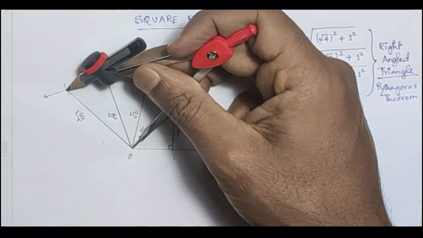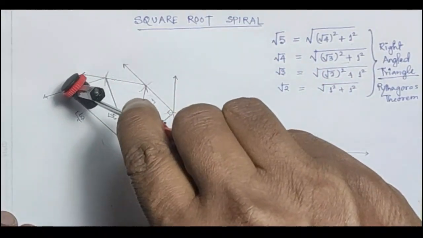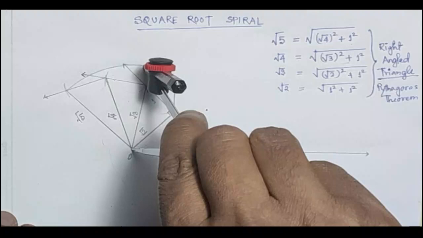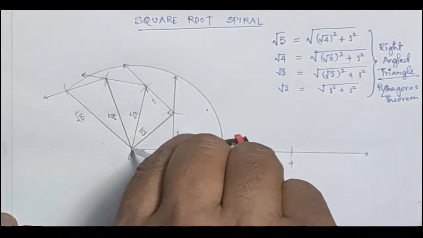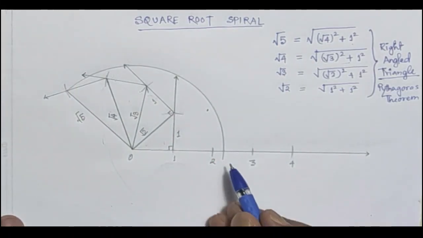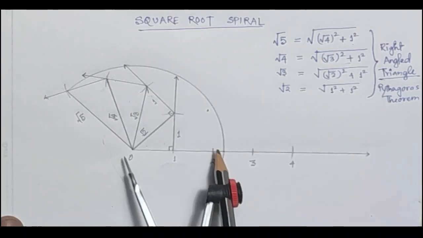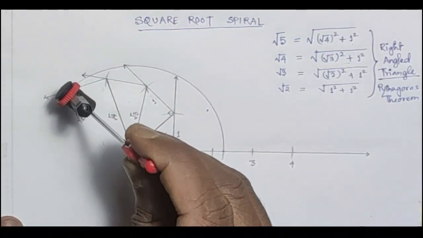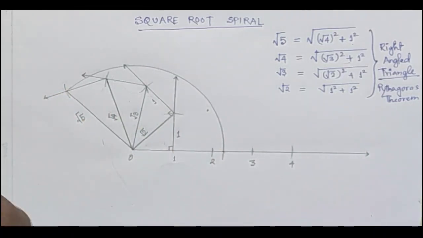So you can see here it fits here, so you can just draw an arc from root 5 to cut this number line. So you can see that this point here is at same distance from O as it is this point. So since this is root 5, this is also root 5.